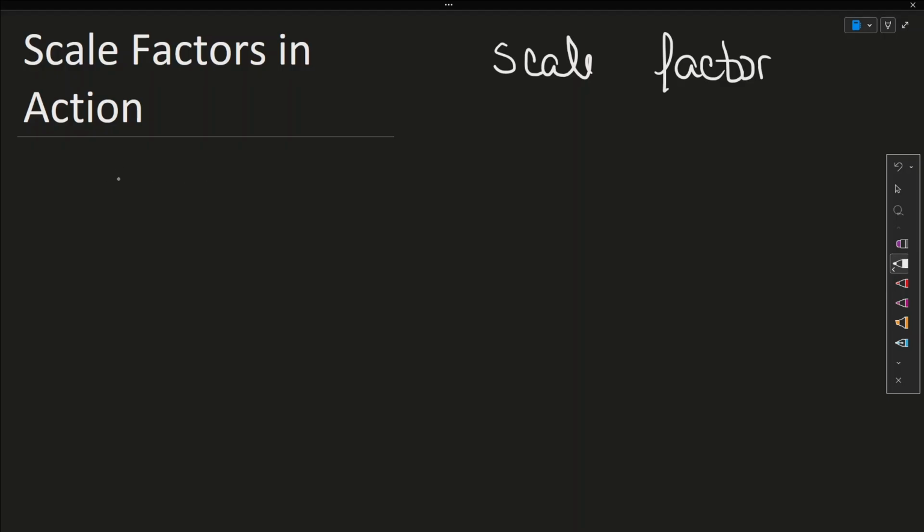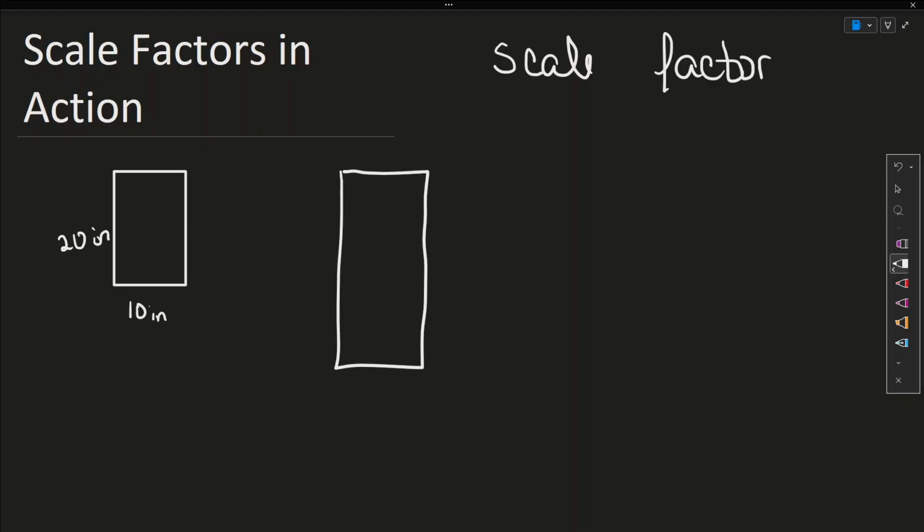Suppose we have a sculpture, and we have an artist that wants to create a scale model of the sculpture. The scale model is 10 inches wide by 20 inches tall. The actual sculpture, when it is made, will be 60 inches wide. So how tall will the actual sculpture be?